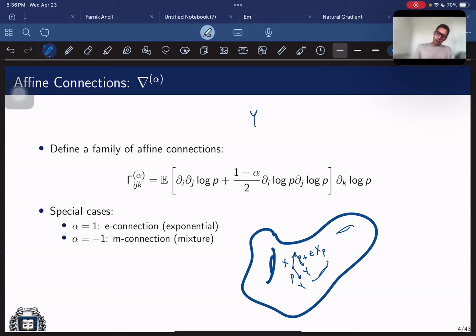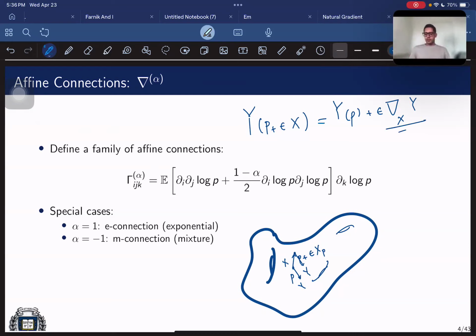So Y at point P plus epsilon X is Y at point P plus epsilon, the affine connection of Y with respect to X, which is if I go through the path X, how much the vector Y changes.